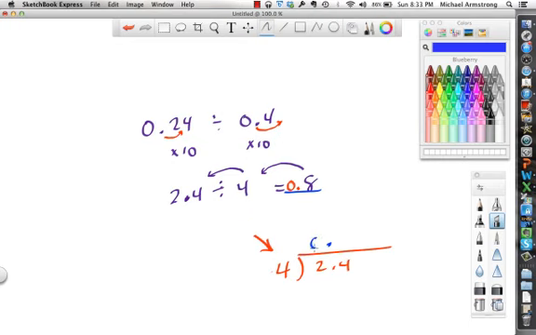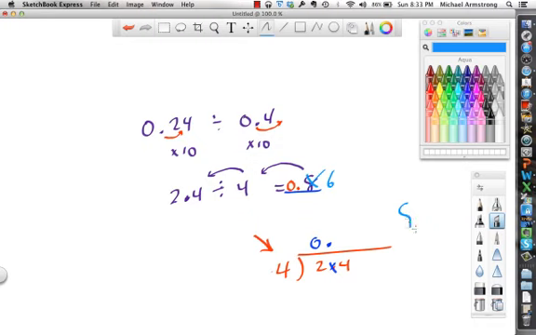4 goes into 2. No, it doesn't. See, and then I have a decimal here, and then I forget that there's a decimal here, and I think, how many times does 4 go into 24? Well, it's not 8. Look at that. Some of you guys have been screaming for 5 minutes because I wrote an 8 and it's a 6. And this is a 6 too. Let me grab my eraser on this one. I don't think that's the real eraser. There we go. Whew, that was such a close one.